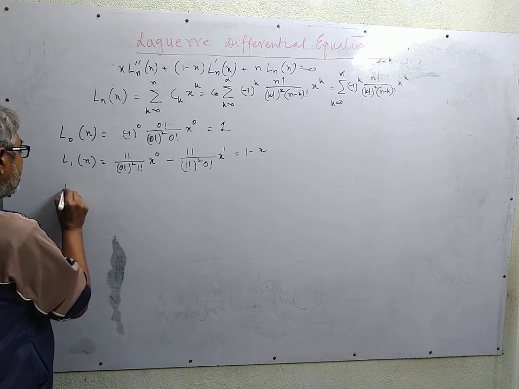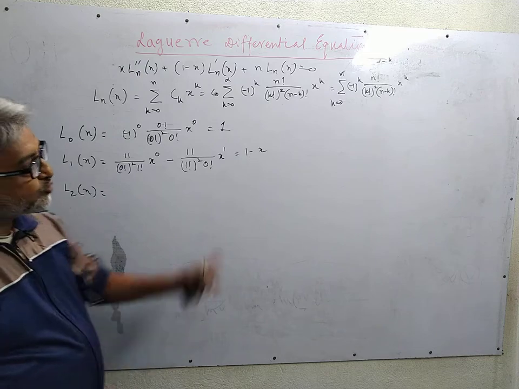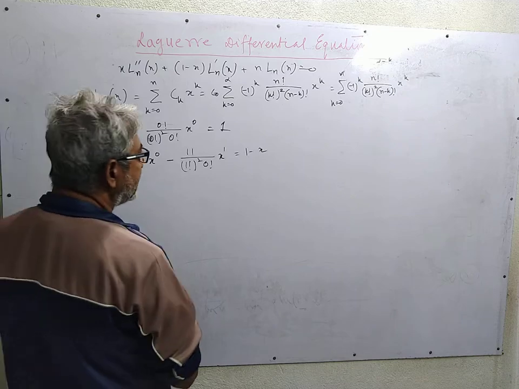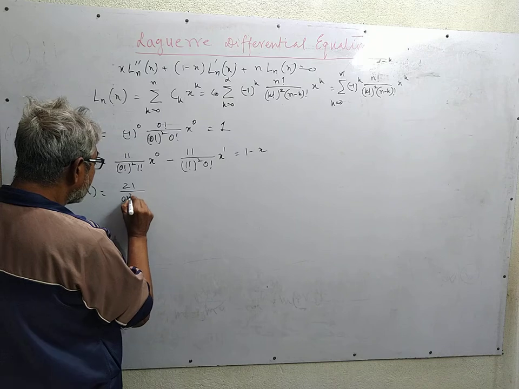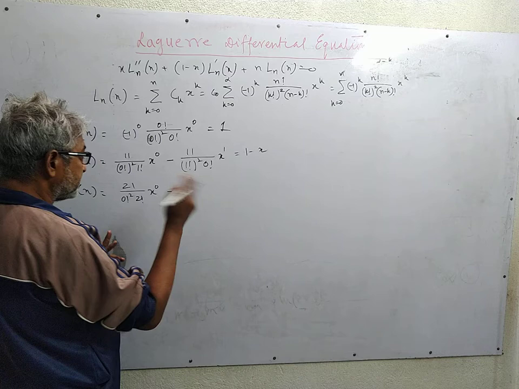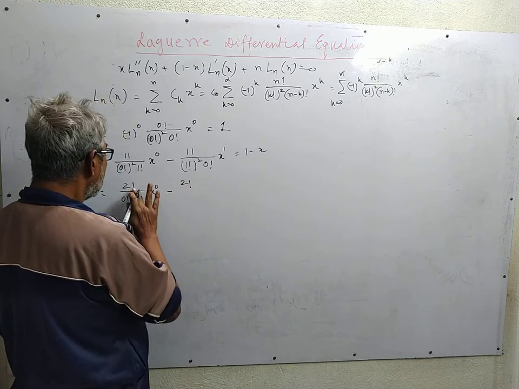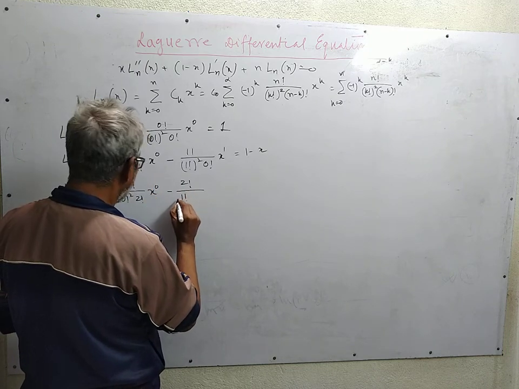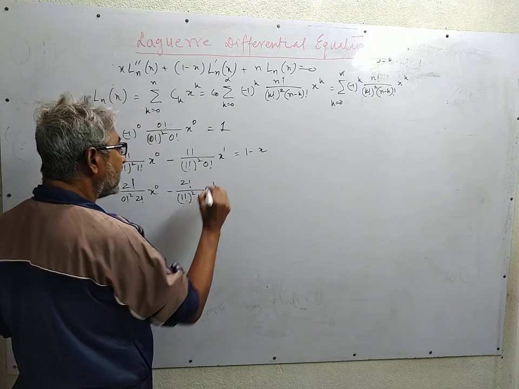And L2, in which case n is equal to 2 and k has three values 0, 1, 2. The first term is k equal to 0: 2 factorial over 0 factorial square times 2 factorial, x to the power 0. For the second term, the sign is minus: 2 factorial over 1 factorial square into 1 factorial, x to the power 1.